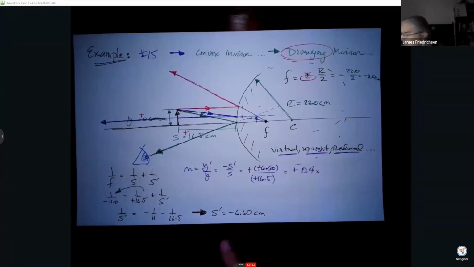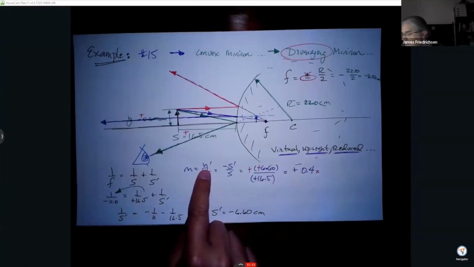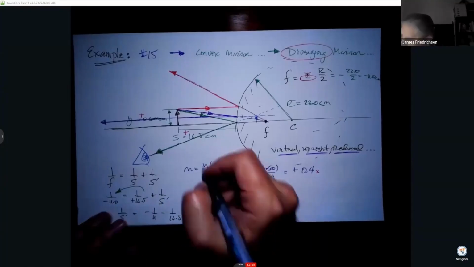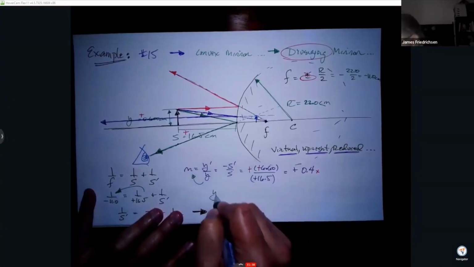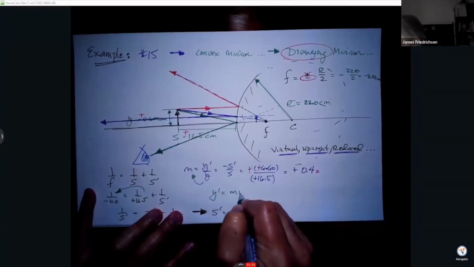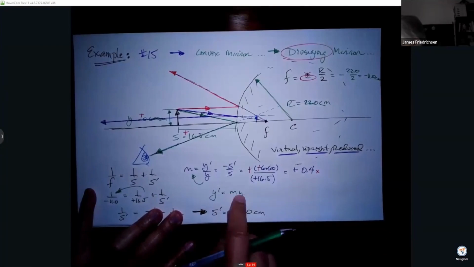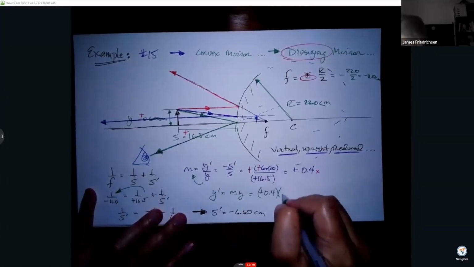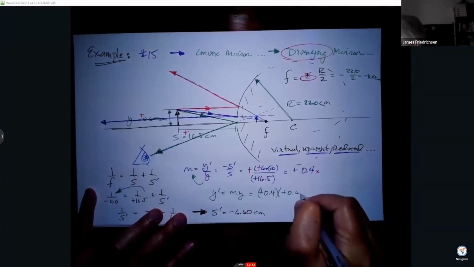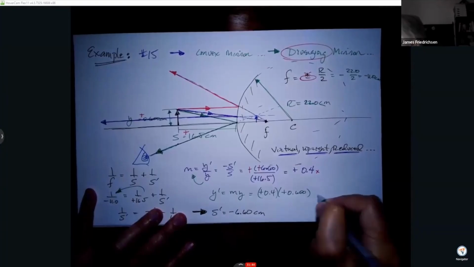And so then once we have the magnification, we can get the image height just by multiplying the object height. So our image height is the magnification times the object height. So we take our plus 0.4 and we multiply by this plus 0.600 centimeters.